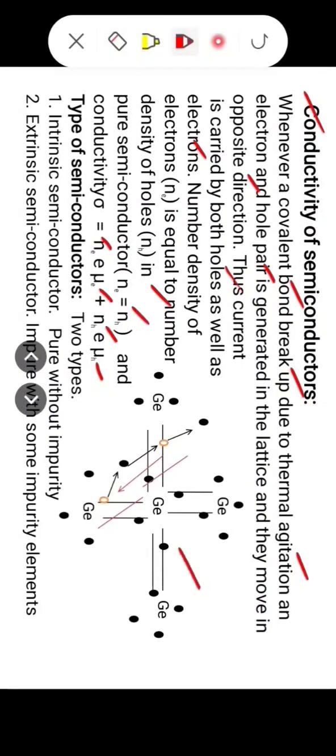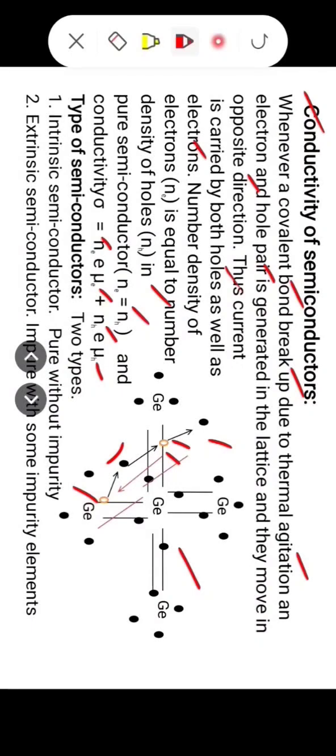Now look at this diagram of germanium lattice. Suppose this bond breaks up, an electron becomes free and a hole is created in the lattice. Now an electron from this pair moves and fills this hole, and a hole is created in this covalent bond.